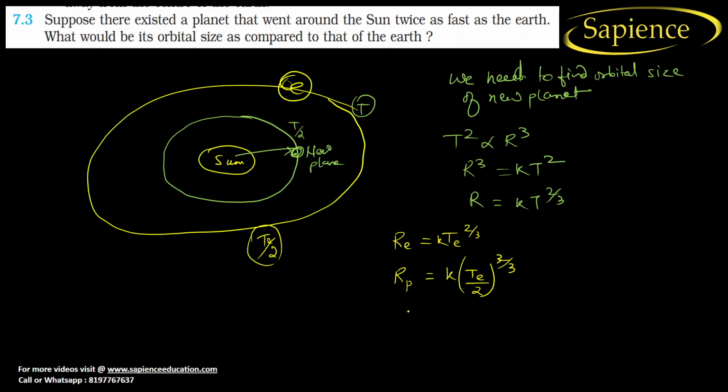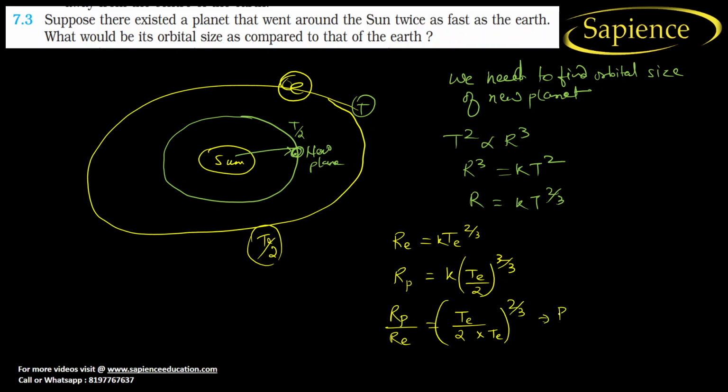Now if I find the ratio, I get Rp by Re is equal to (Te by 2 into Te) to the power 2 by 3.